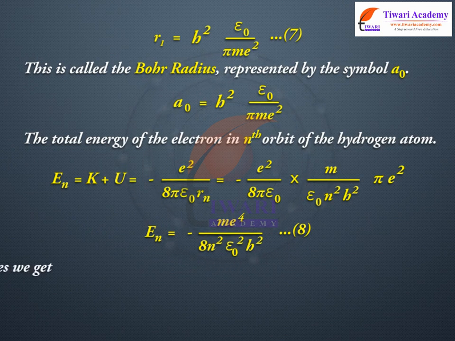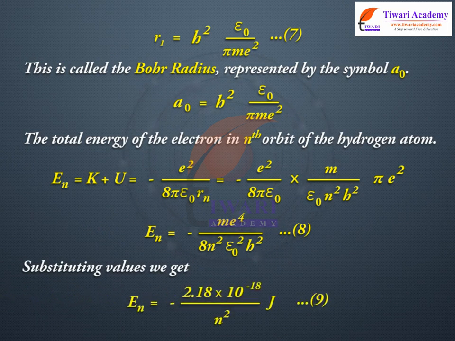Equation 8. Substituting values, we get En is equal to minus 2.18 into 10 raised to power minus 18 upon n square J. Equation 9.